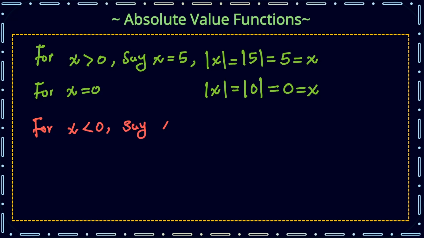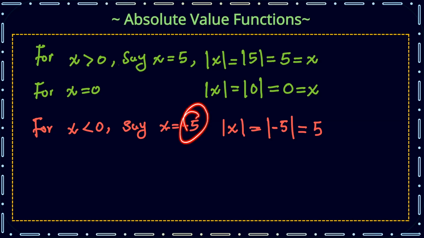Say we take x equal to negative 5. Then absolute value of x, which is absolute value of negative 5, is equal to 5 because the distance between negative 5 and 0 is 5. We did not get x back. X is negative 5. But the output is the opposite of it.